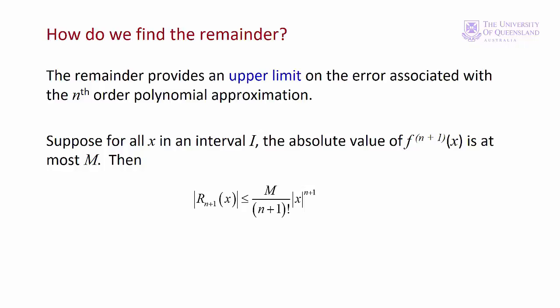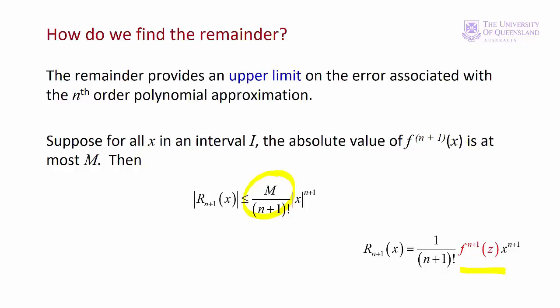This is the value M. If we compare this formula to the remainder, we can see we've replaced f^(n+1) of the function evaluated at z there with M. We're also taking the absolute values because when we're considering an error, we're not concerned whether it's positive or negative. We find M by taking the (n plus 1)th derivative and then determining its largest value between 0 and x. You'll see how that's done in the following example.